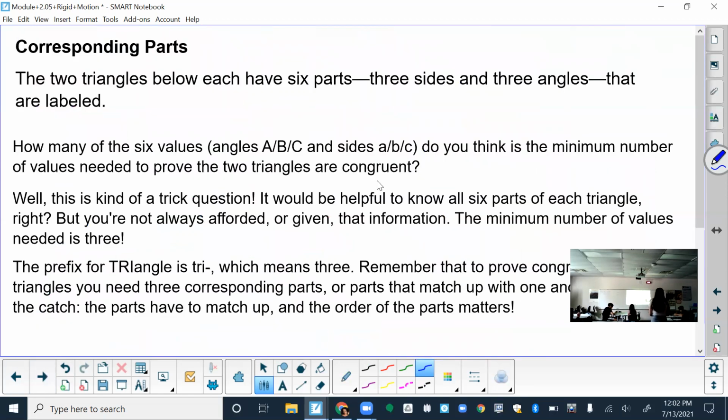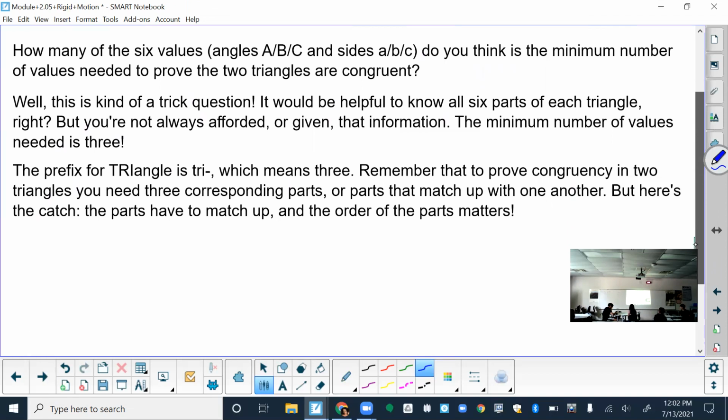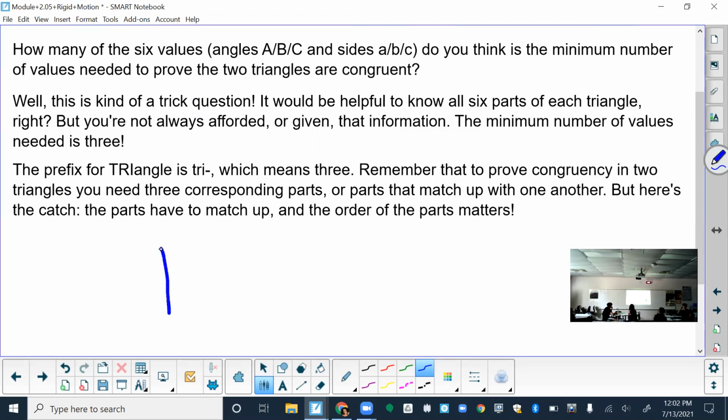Now, we know that triangles have corresponding parts if they are congruent. So you actually don't have a picture of triangles below, so you're gonna have to fill that in. Draw two triangles, do your best to make them look exactly the same. These are supposed to be congruent.